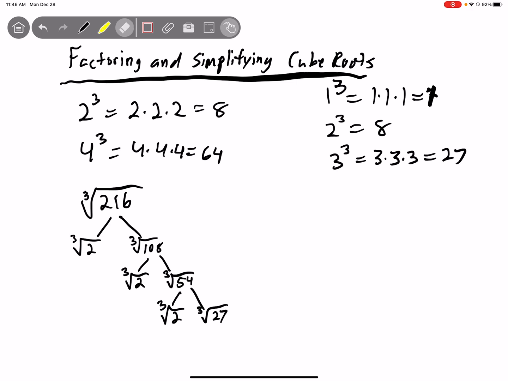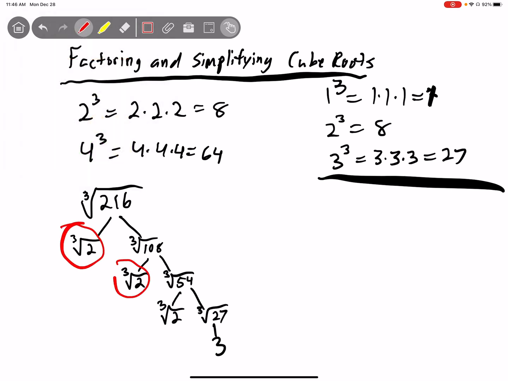I do know what the cube root of 27 is. I just wrote it down. Cube root of 27 is just 3, because 3 cubed gives me 27. So now I'm at the ends of all of my branches. I've got 1, 2, 3, 4 ends of my branches.